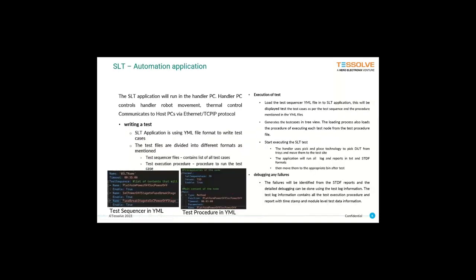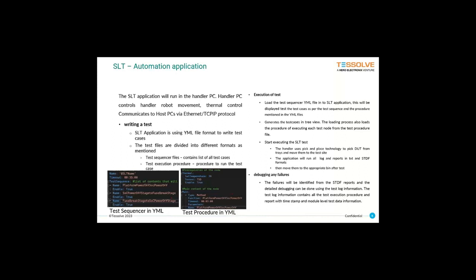Okay, let's see what is there in writing the test cases, and the sequence of test cases also matters. In the SLT automation application, we use the YAML file format to write the test cases, and we first write the sequencer.